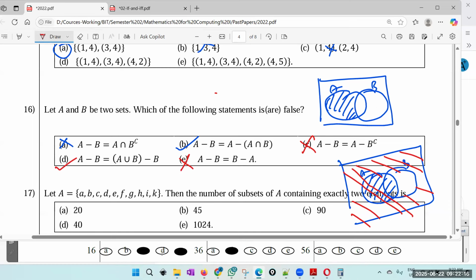Right? B and D. Sorry, B and D and E. Or sorry, B and what is that? False, right? False answers. So then why do I get only two answers? A is correct.